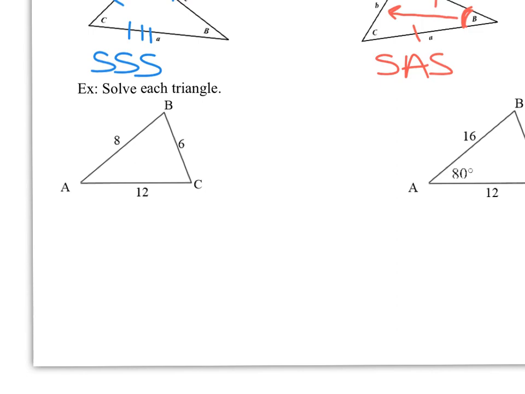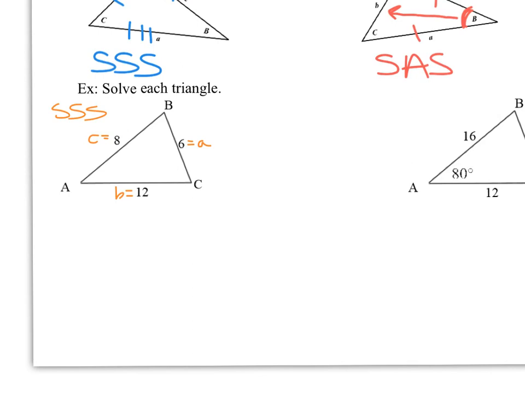Starting with triangle ABC on the left. Notice we're given side length A, which is 6, side length B, which is 12, and side length C, which is 8. So we're given side, side, side. That means we have to use the formulas up in blue on the right to get the angles.